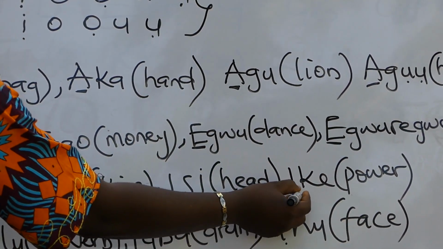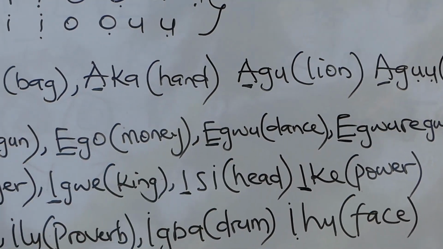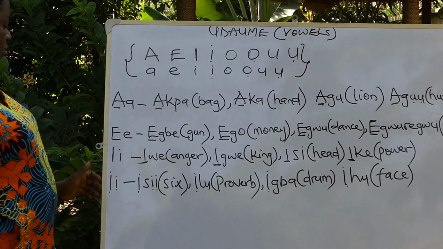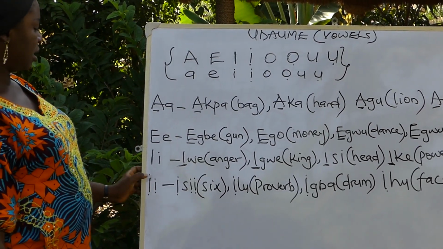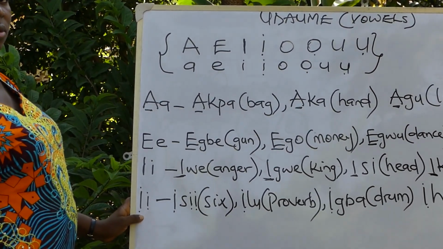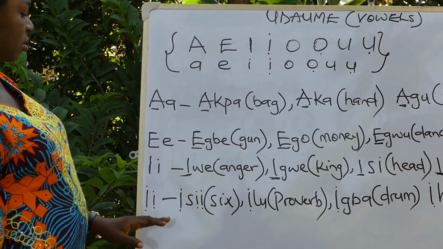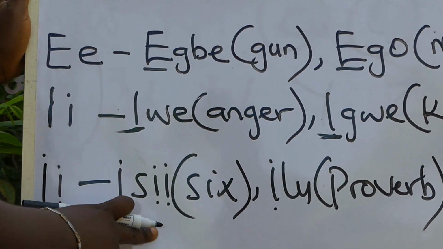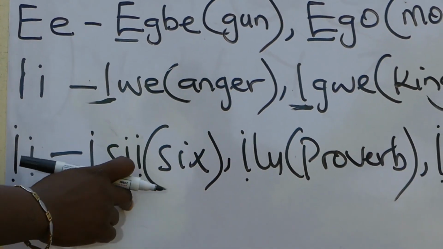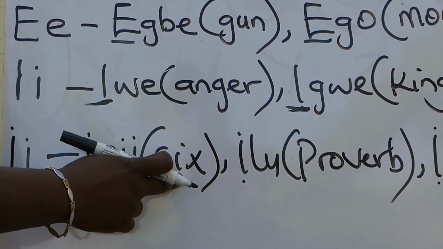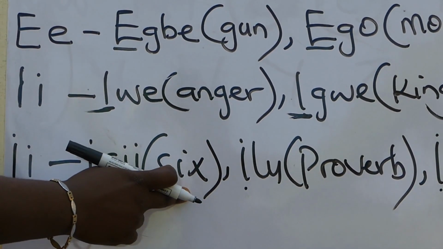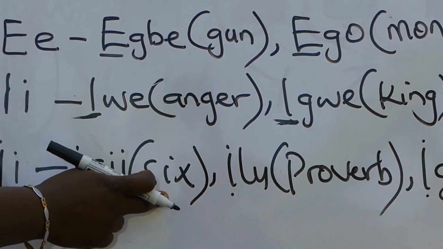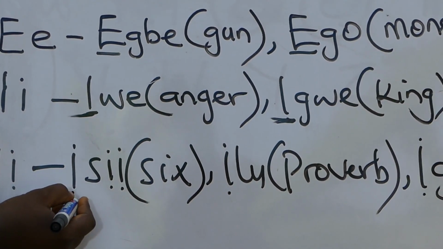Remember we are talking about the short vowel, and the long one, the one that has dots. Isi in English is 6. Is a number. So in Igbo we call it Isi. 6 in English.